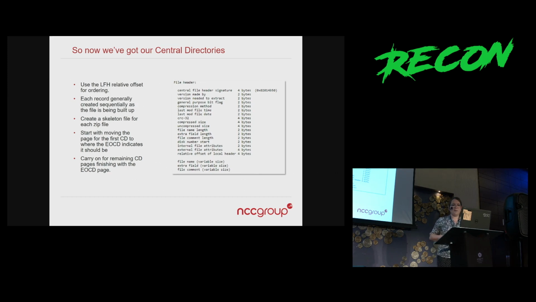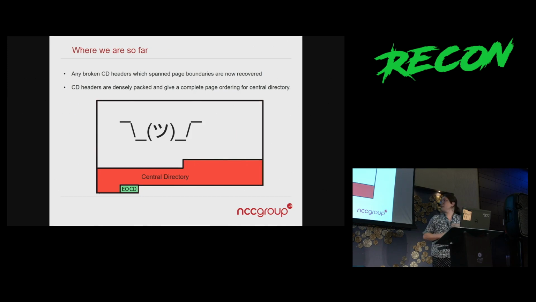And we keep going right on to the end of central directory page, and for each zip file we end up with something a bit like this, where we've reconstructed the entire central directory, because they run continuously from the start of the central directory block to the end. And that also means we have, for free, gotten back the missing central directory headers. As all of the pages are now in order, we can read across the page boundaries, and it's all good.